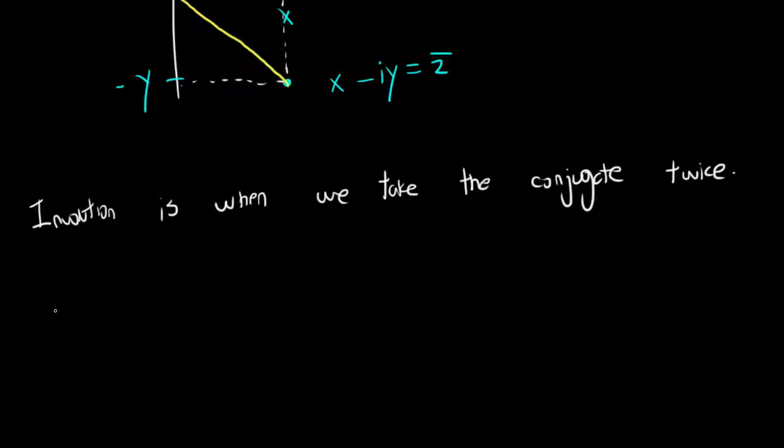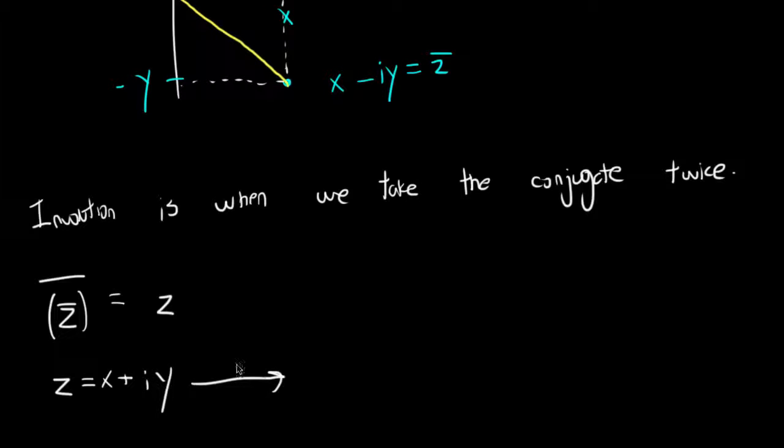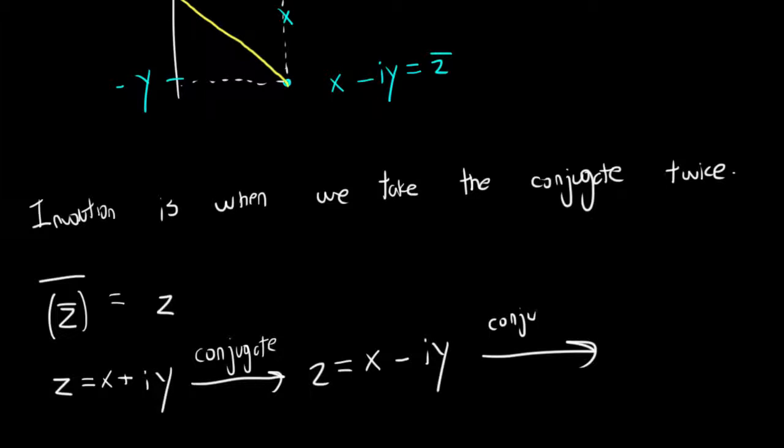So in this case, if we have the conjugate of z, and we have the conjugate of that, we are going to go back and just have z straight up. Which means if we had z equal to x plus iy, and we were to take the conjugate, we would have x minus iy, and if we were to take the conjugate yet again, we would go back to having x plus iy.